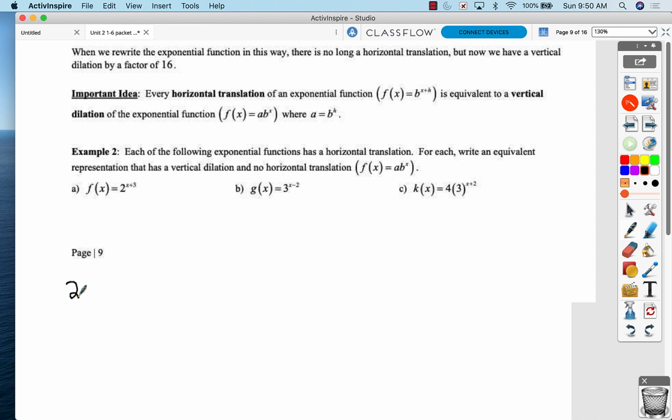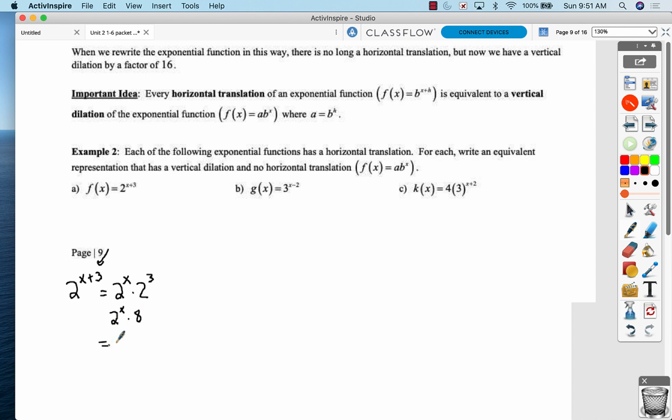You have 2 to the x plus 3. This is a horizontal translation of negative 3. Now let's use our rules. Well, since it's being added, I could break this down to 2 to the x times 2 to the 3. Okay, now 2 to the 3 is 8. So this is 2 to the x times 8.